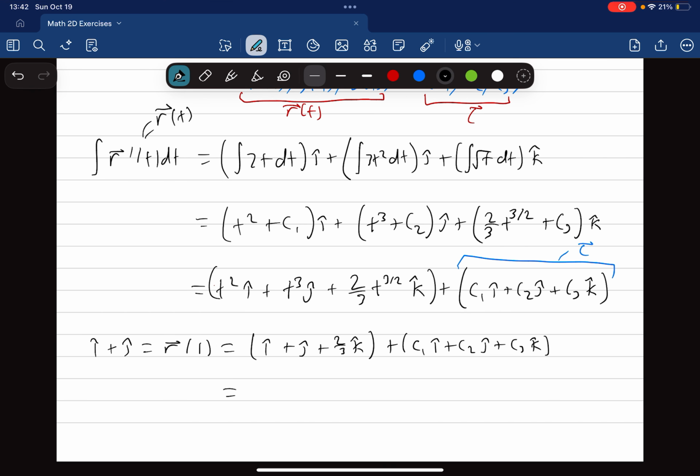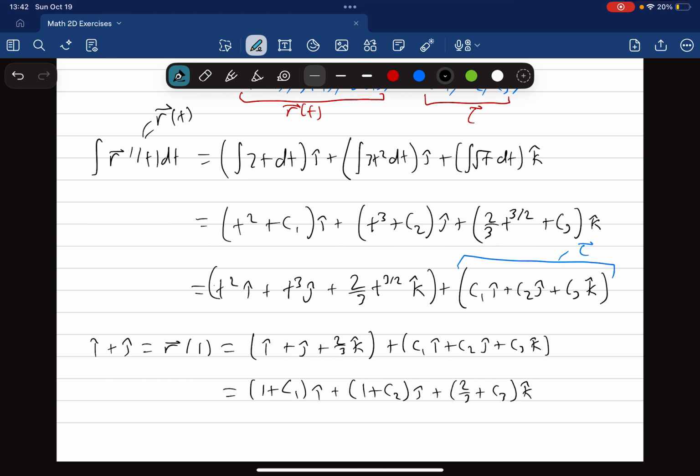If we collect like terms, all the i hat, j hat, and k hat terms, this is going to be 1 plus c1 i hat plus 1 plus c2 j hat plus 2/3 plus c3 k hat.